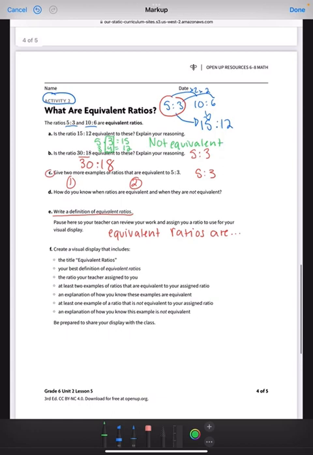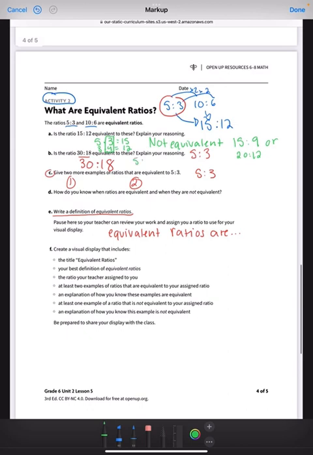It would have had to be 15 to 9, or 3 times 4 is 12, so then 20 to 12. You have to multiply both numbers by the same number. Can't multiply one by 3 and one by 4. Either both have to be multiplied by 3 or both have to be multiplied by 4.